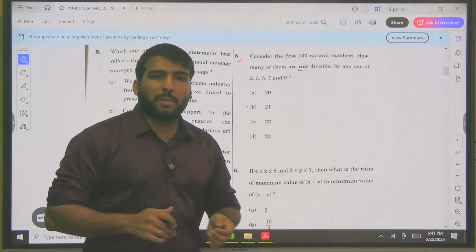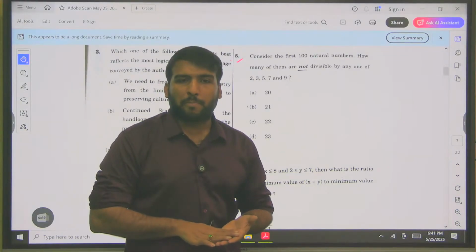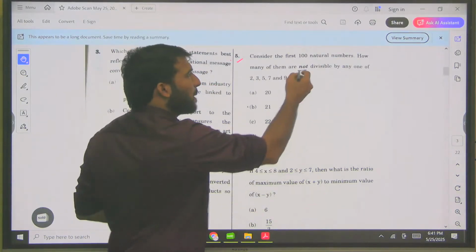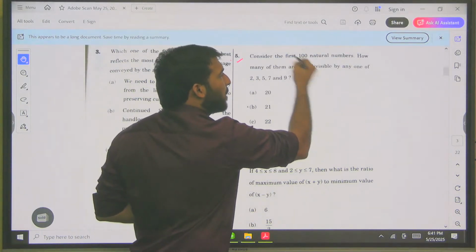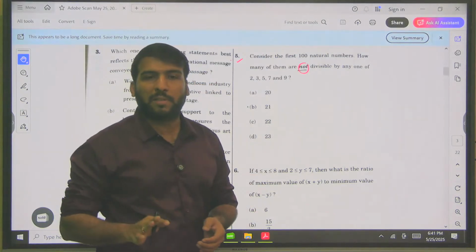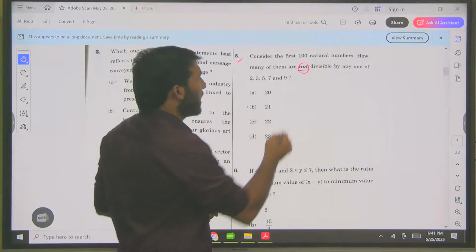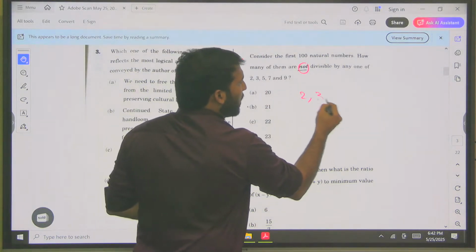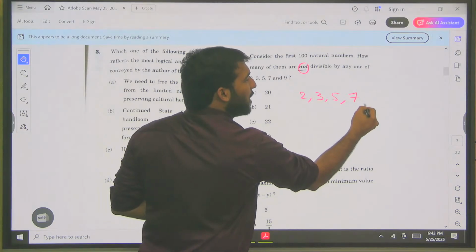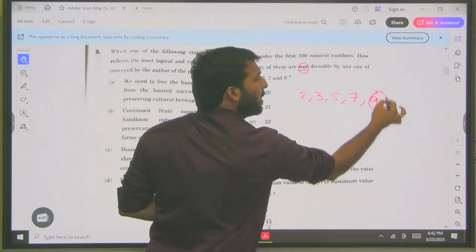Out of 100 natural numbers, there are 25 prime numbers. Clear? So the 25 prime numbers are 100% not divisible by any of the numbers, but here what they have given is 2, 3, 5, 7 and 9. 9 is a composite number, leave it.